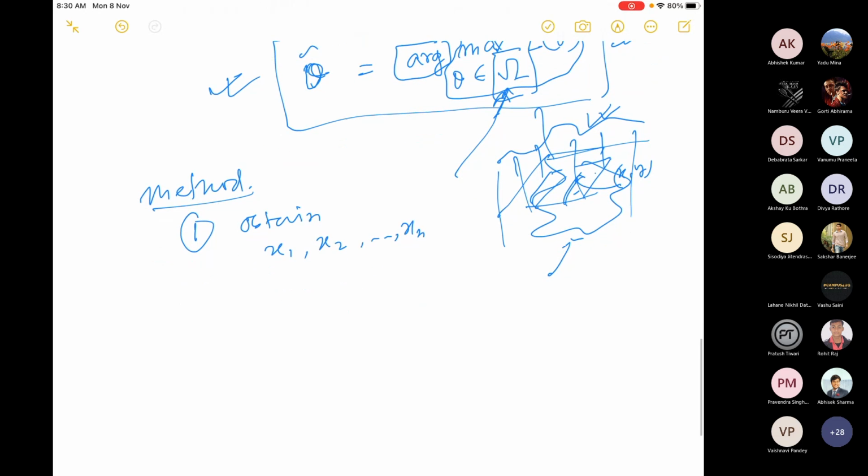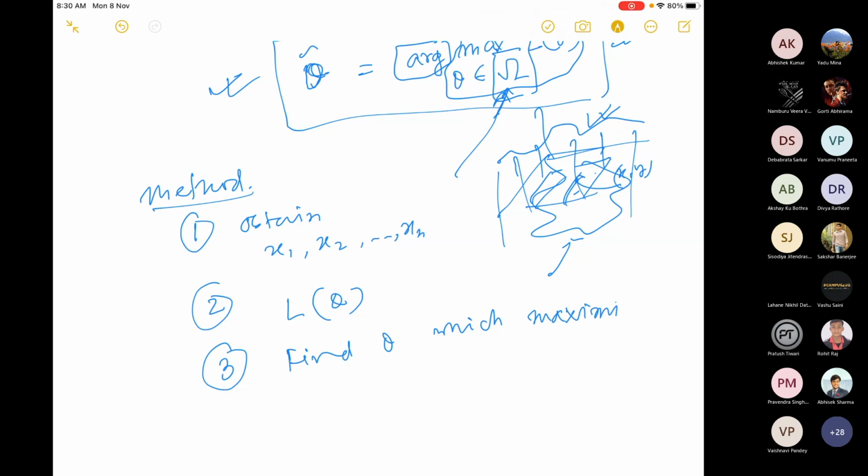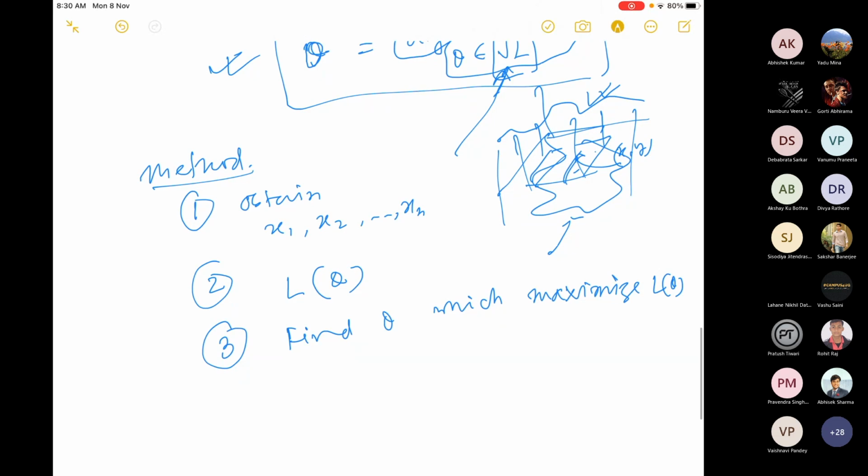Then you consider this L(theta). Third, find the theta which maximizes L(theta).